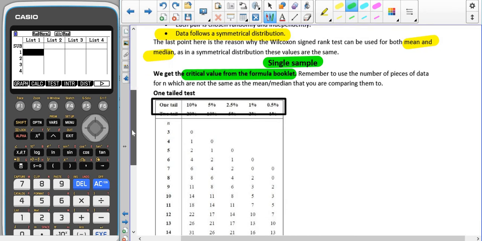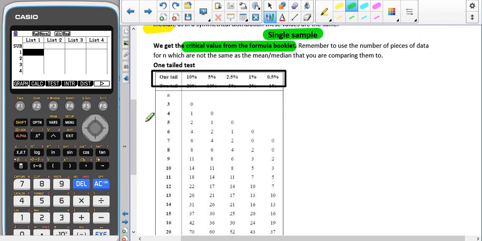The critical value comes from this table in your formula booklet, which is on page 25. Again, be careful, make sure you read carefully at the top what the test is for. This is the critical values of the Wilcoxon signed rank test statistic. So you've just got to be careful and make sure you are looking at the correct table.